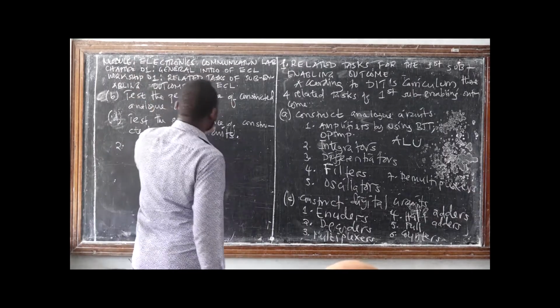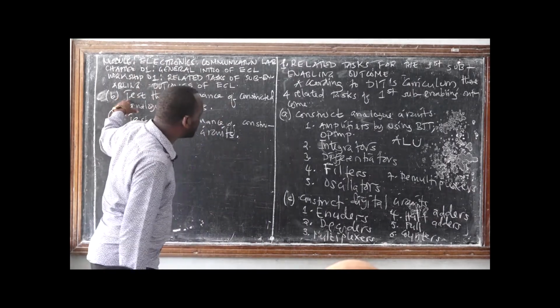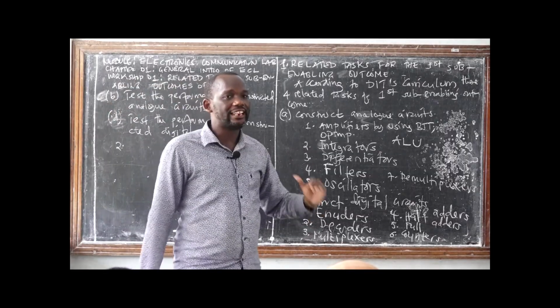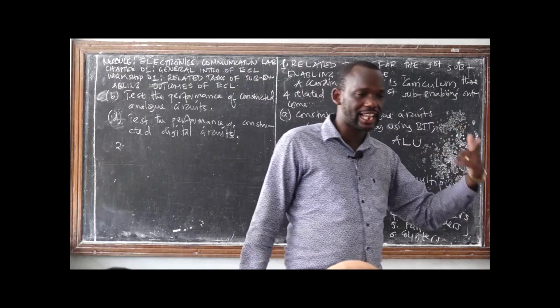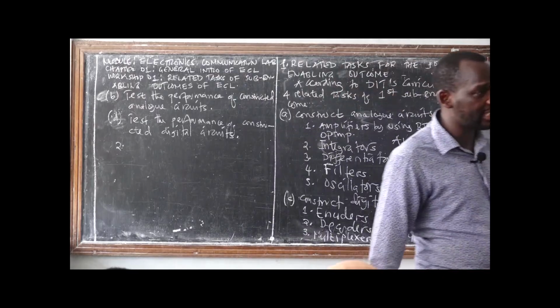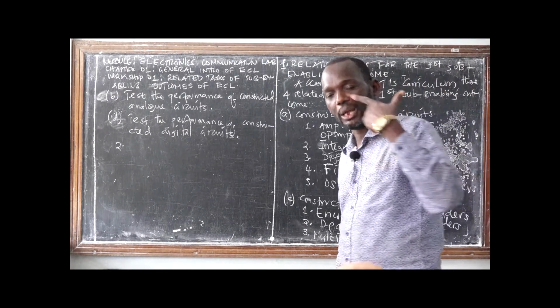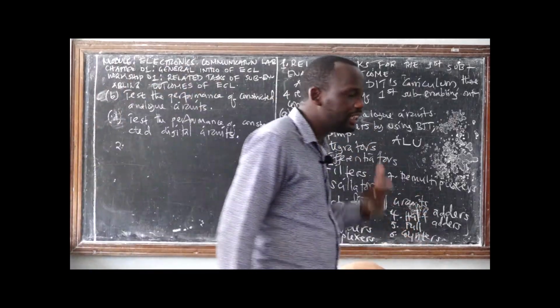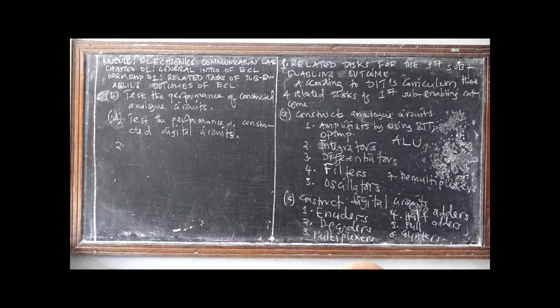So simply, it means that the second related task and the first related task have a close relationship with the second and third sub-enabling outcomes. So you have to use the electronics measuring tools and equipment to test the performance of your constructed analog and digital circuits. That's all.